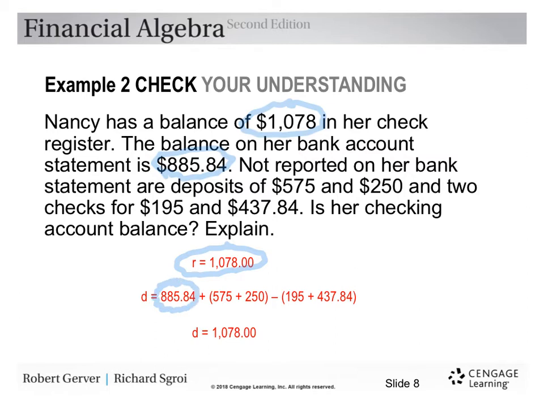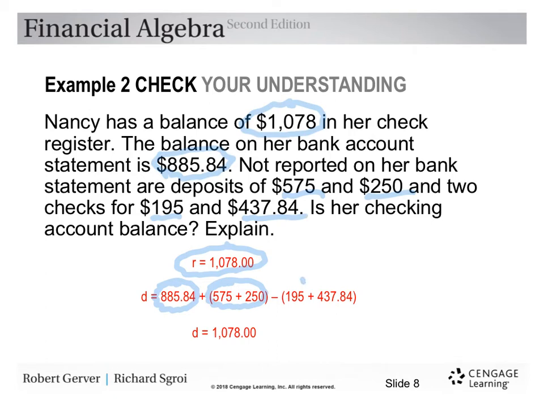Not reported on her bank statement are deposits of $575 and $250. So we're going to add those, because those are outstanding deposits, to the bank statement balance. And she has checks for $195 and $437.84 that are also outstanding.